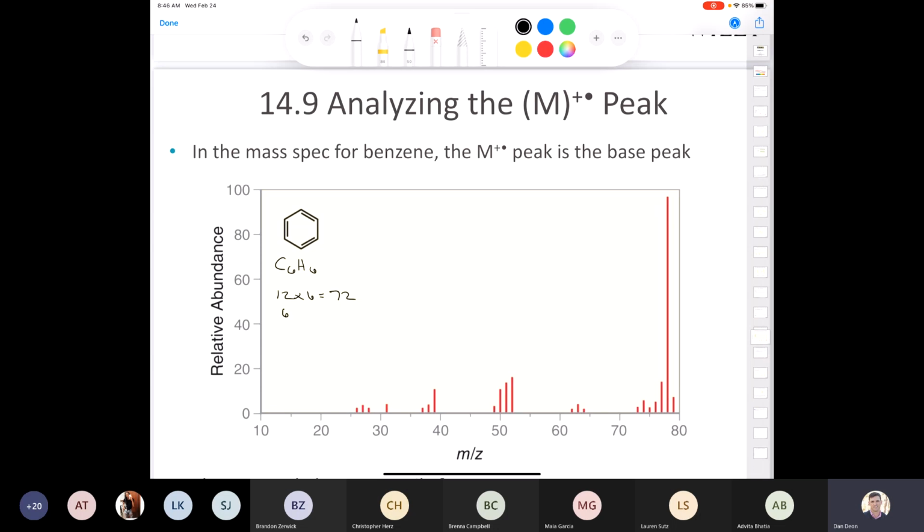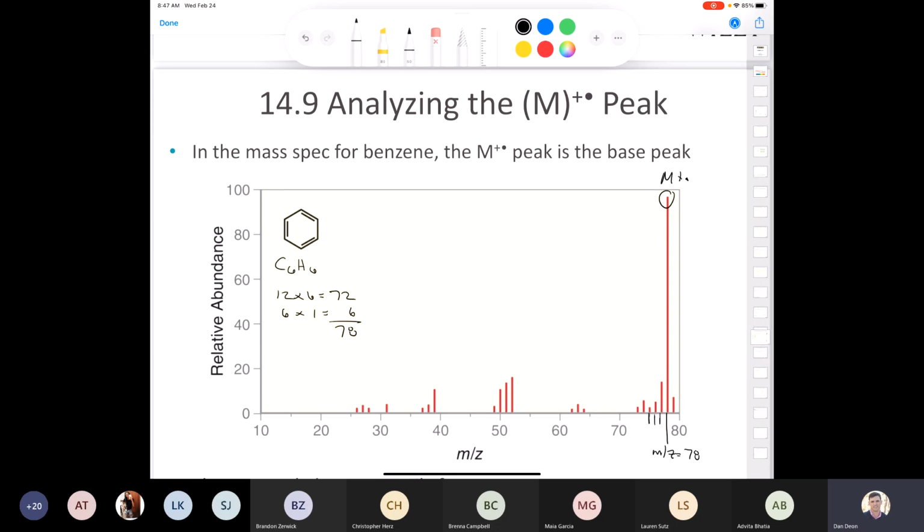And then you have 6 times 1, which gives you 6. So that gives you a mass over charge of 78. If we knock 1 electron off of this, we would get our parent ion. And you can see that we have 75, 76, 77, 78. So this is our molecular ion right here at a mass over charge equal to 78.